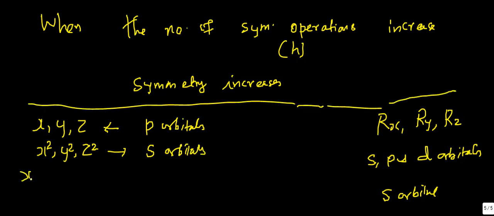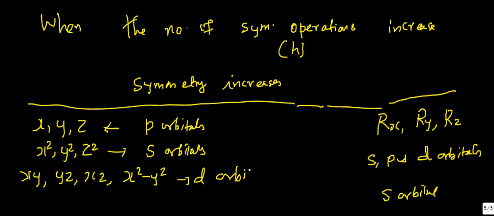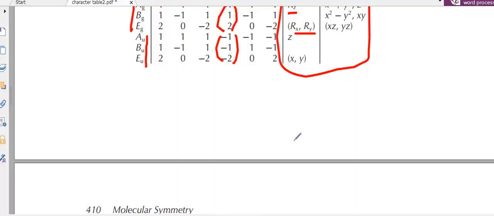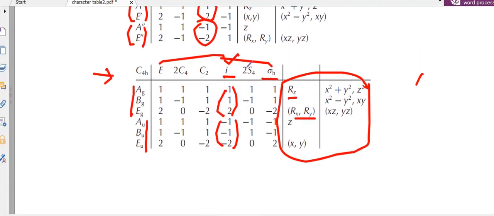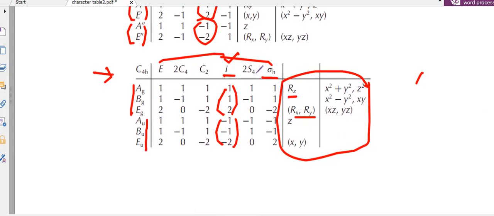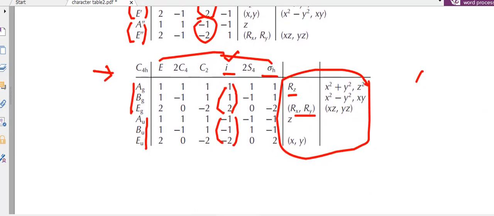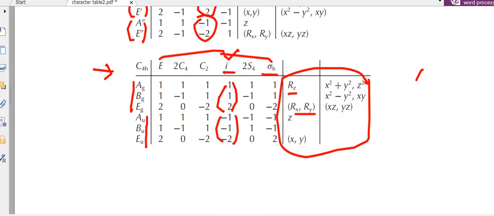When you find letters like xy, yz, xz, x square minus y square, etc., they represent d orbitals. These are obtained by carrying out the symmetry operations on s, p, d orbitals and rotation vectors.